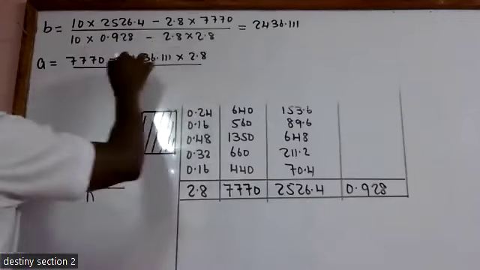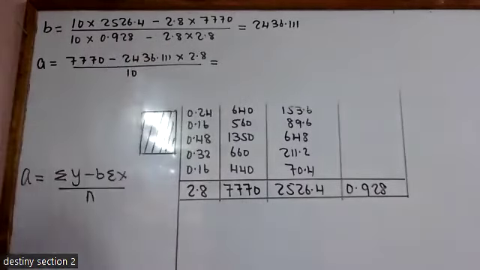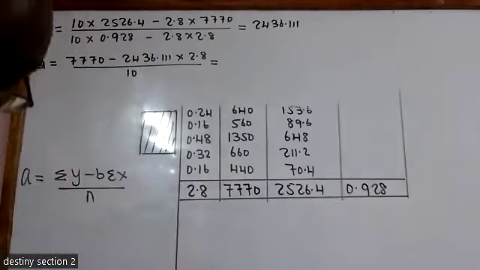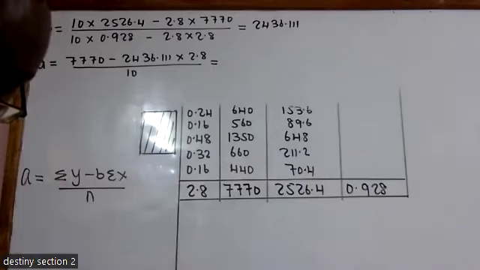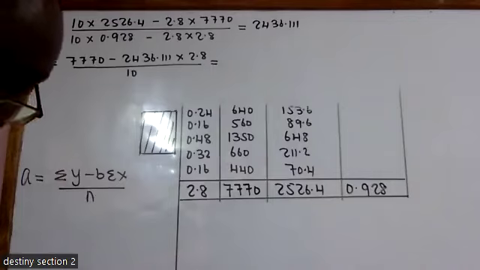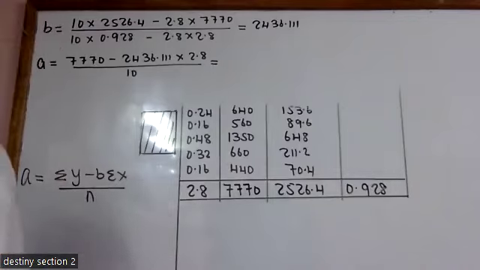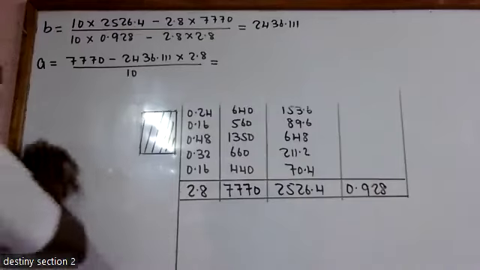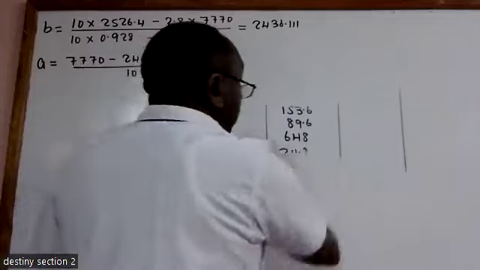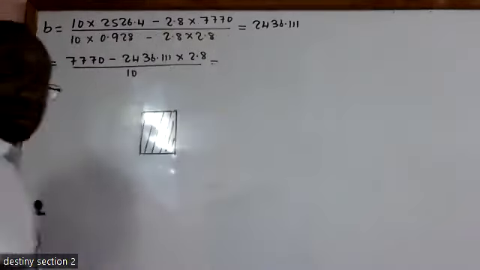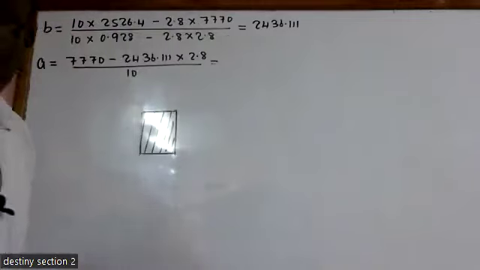You divide by N, which is 10. 94.889. Good.